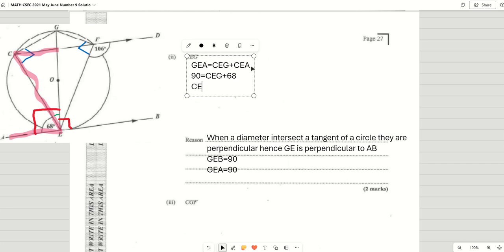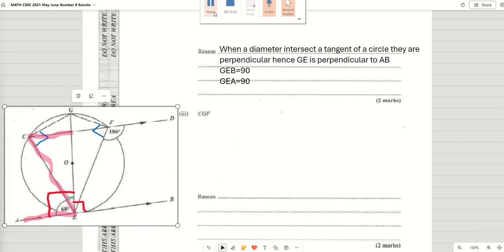So CEG is equal to 90 minus 68, which is 22 degrees, and that would be your answer for this question. Now they ask you for CGF.